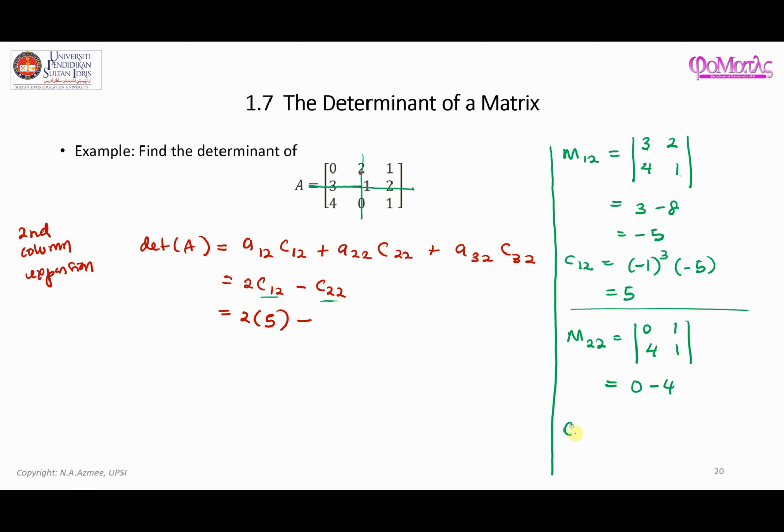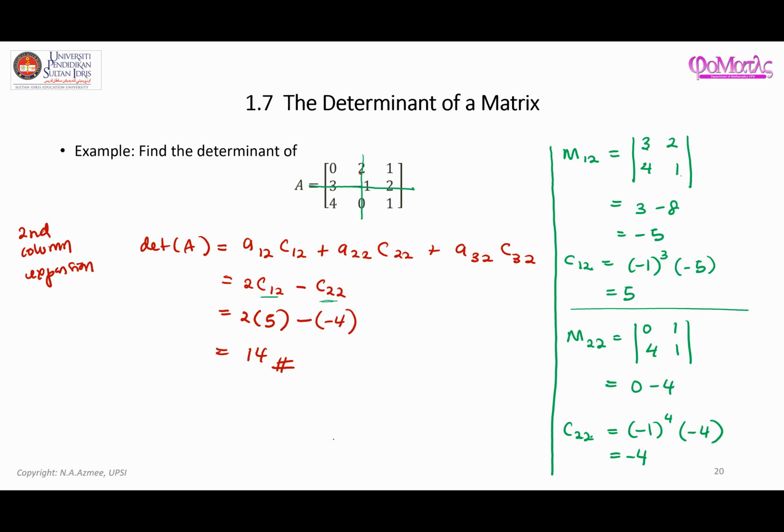So what is C22? C22 is negative 1 to the power of 2 plus 2, which is 4. Put it right there, and plug the result in next to it, so we have negative 4 right here. This one is going to be positive times negative, so it's going to be negative 4. Let's plug in the value of negative 4 at this position. 10 plus 4 is 14.